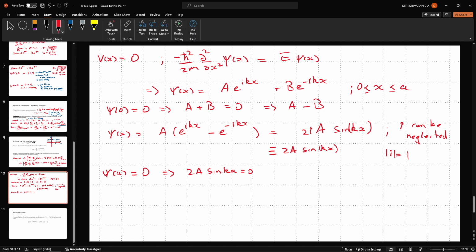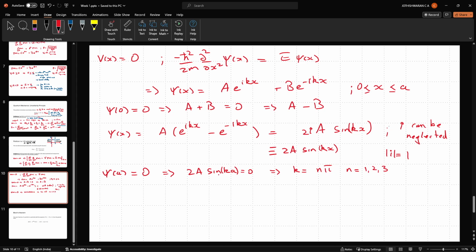So a definitely should not be 0. The only case where sin ka is equal to 0 is if k is equal to n pi, where we can consider the case where n is equal to 1, 2, 3. N is a natural number.